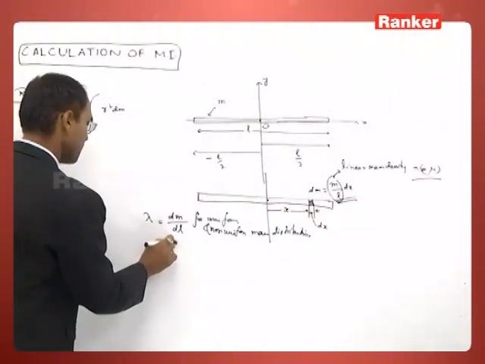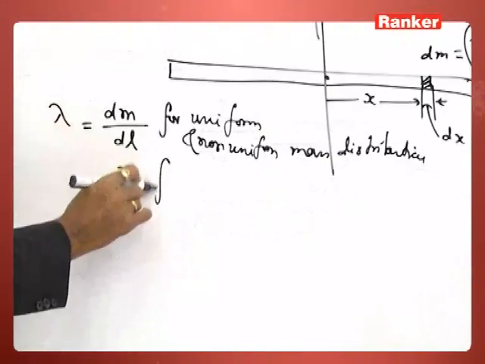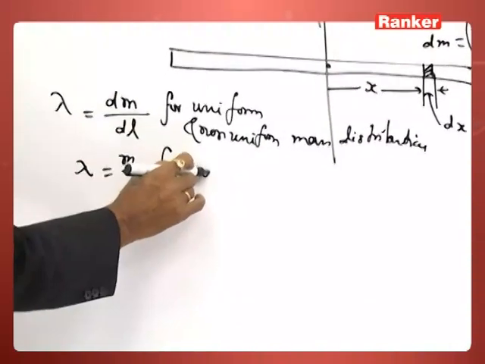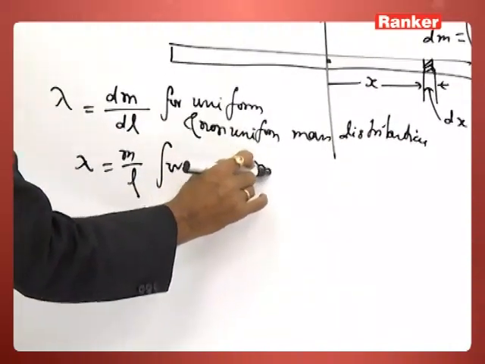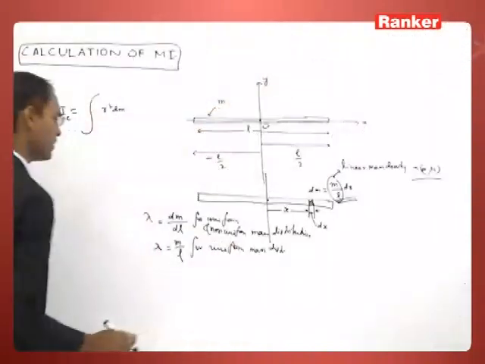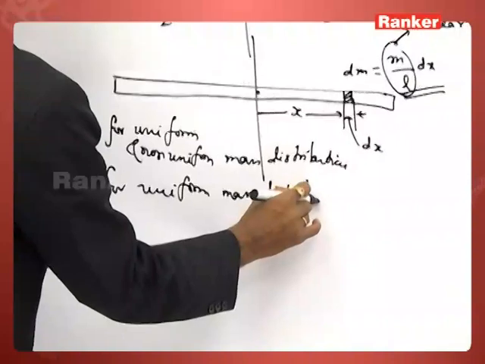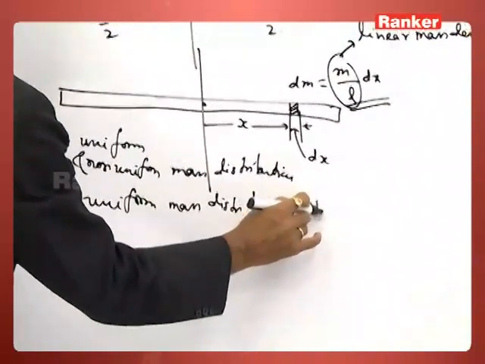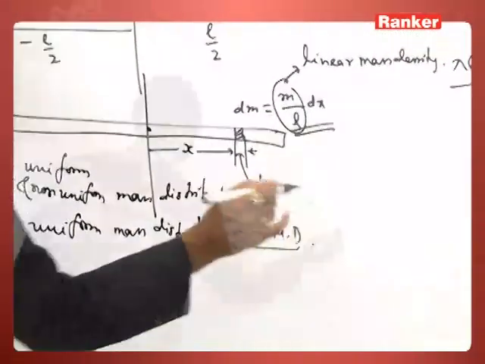And you can write total mass by total length is equal to lambda for a uniform mass distribution, but not for a non-uniform mass distribution.